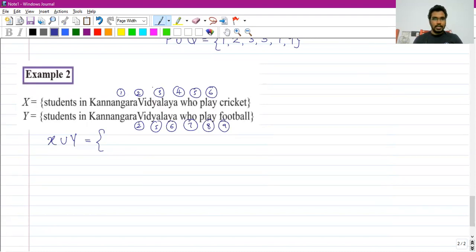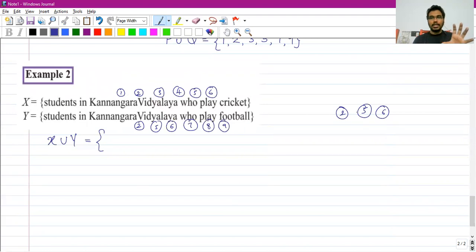You can see number 2, number 5, and number 6 play both cricket and football. Others, 1, 3, and 4, play only cricket, and 7, 8, and 9 play only football.